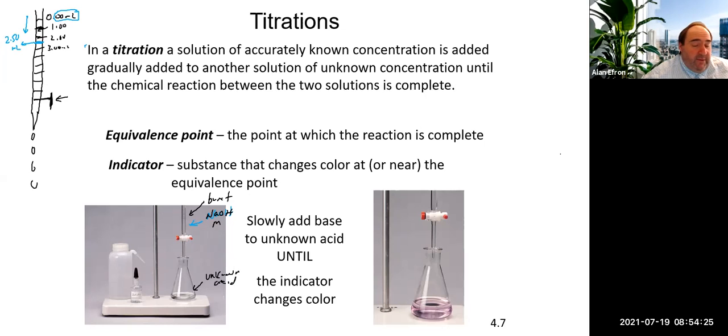And the only thing that we know about this acid is the volume. Let's just say we had 25 milliliters of it. We could continue to add this base to the acid, and we typically will continue to add it when we do a titration until we reach what is referred to as the equivalence point. And the definition of the equivalence point is the point where basically the reaction is complete.